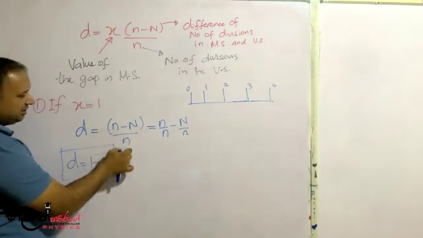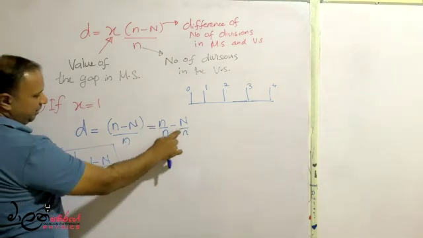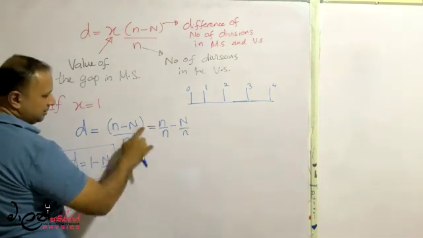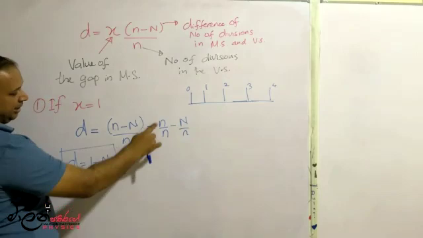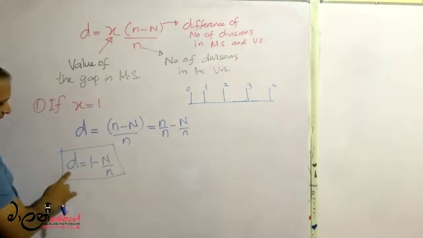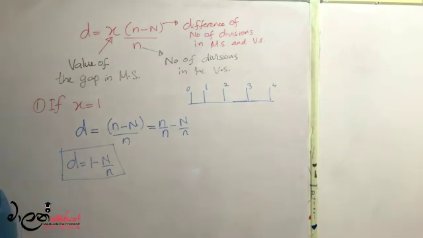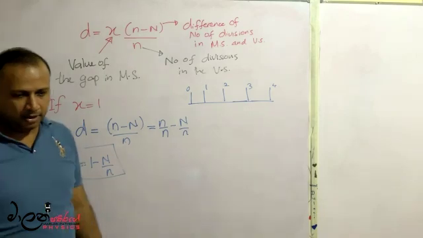Then I can divide each term separately by simple n. Then n over n will be cancelled out. That is 1. Therefore, d is equal to 1 minus capital N over simple n. Did you get my point?